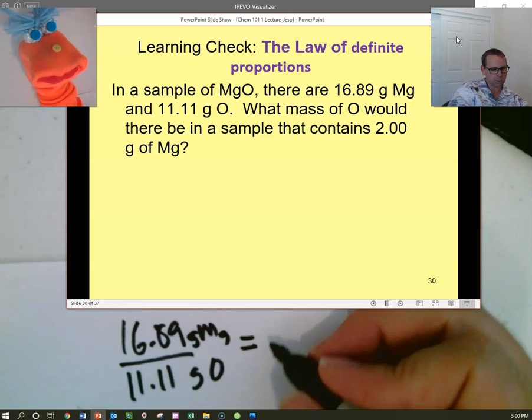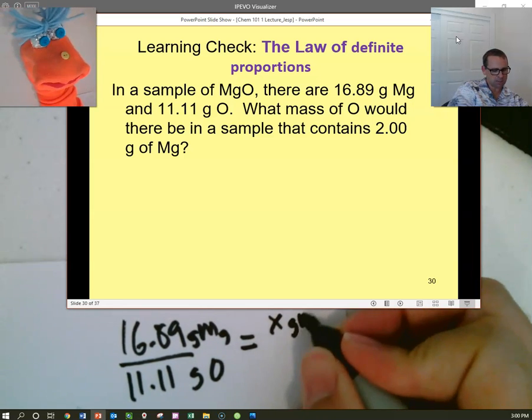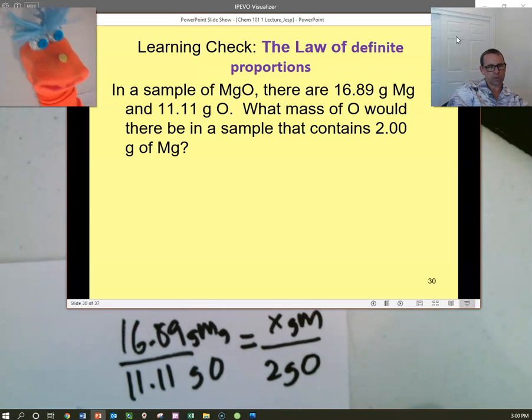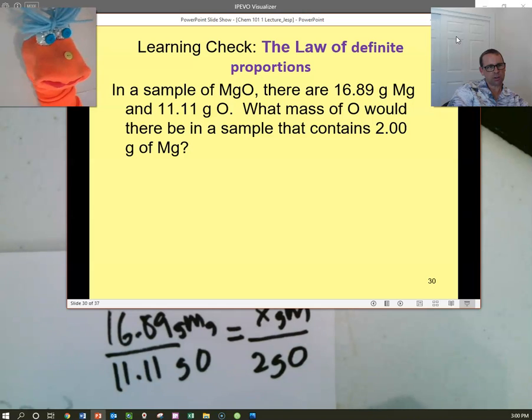We don't know how much magnesium, so x grams of magnesium over the 2 grams of oxygen. Okay, very good. And how do we solve that?